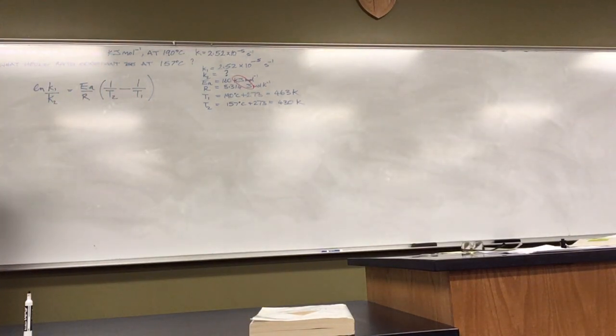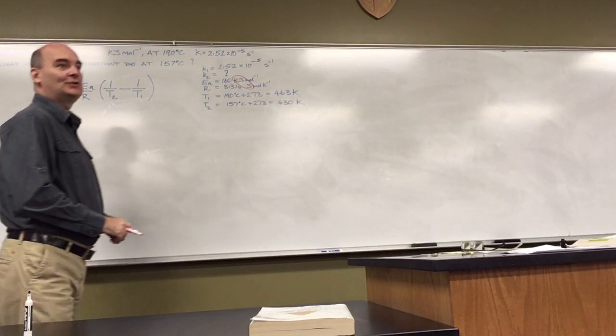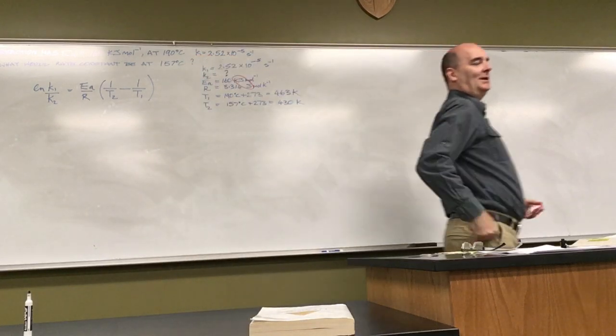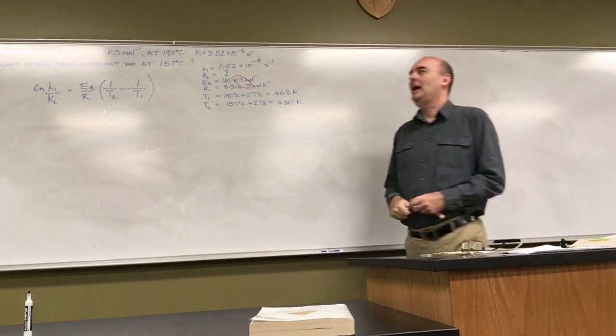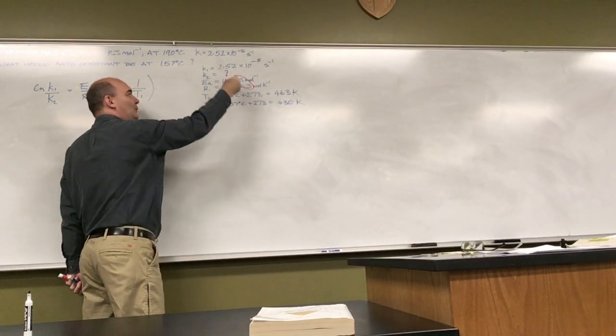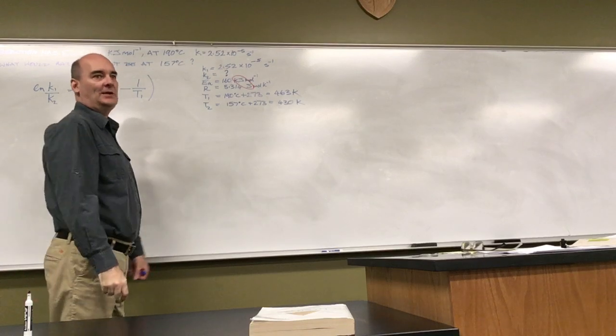The gas constant is in joules per mole per Kelvin, and the activation energy is in thousands of joules per mole per Kelvin. It's in kilojoules. That cannot stand. We have to make those two be in the same factor.